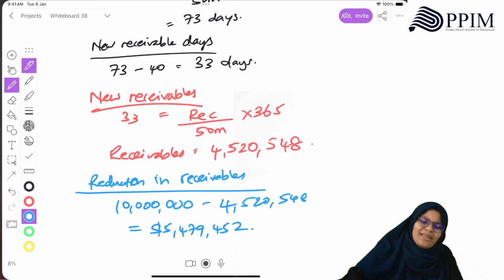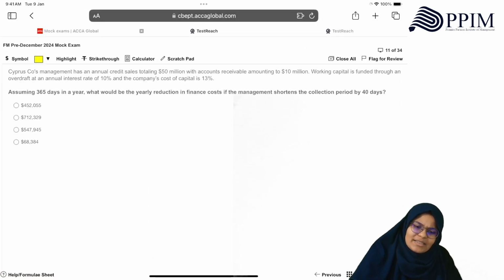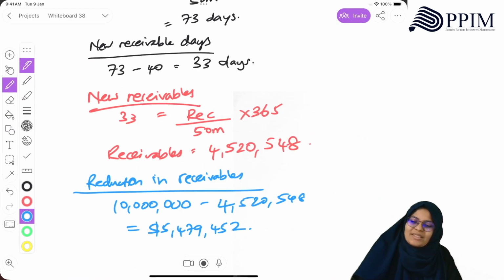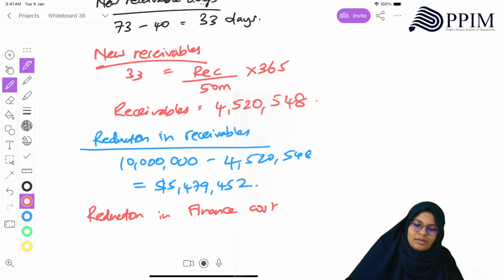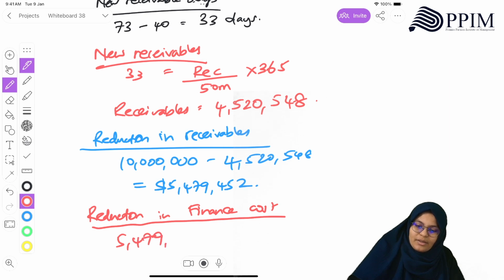So they told me that the overdraft had a finance interest rate of 10%, right? So this reduction, it will save you interest of 10%. So reduction in finance cost, that will be 5,479,452 into 10%.